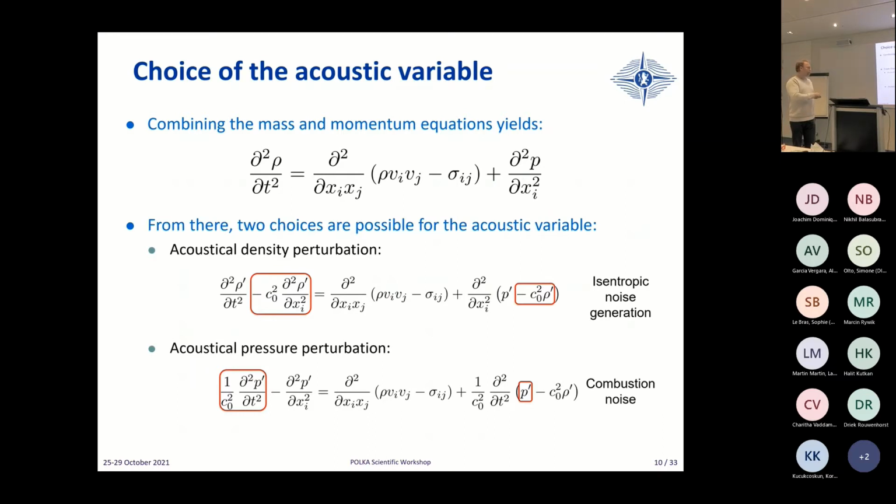Because for a combustion problem, you enforce the monopolar character that is more physical, if you want, of the non-isentropic term. If you rely on this form, if you have an exact, but really exact numerical description of the source field, when you propagate to the far field, it should give you the same thing.